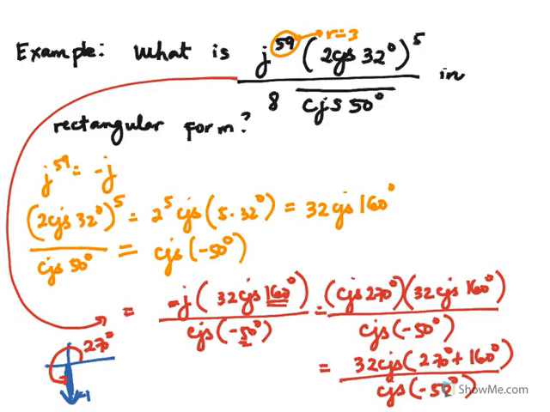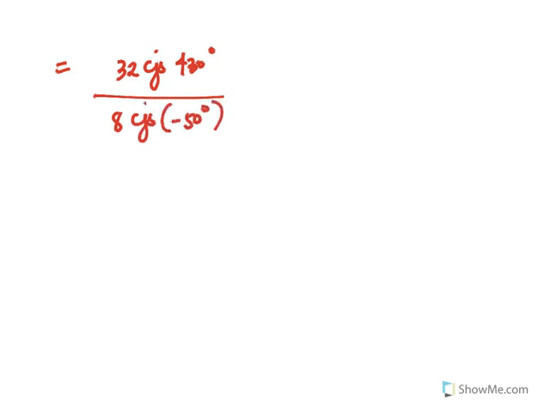Yung may 8 pa pala dito sa baba. So I forgot the 8 here, so that's 8. And then you also have 8 here. So continuing further, you will have 32 cis 430 degrees divided by 8 cis negative 50 degrees.